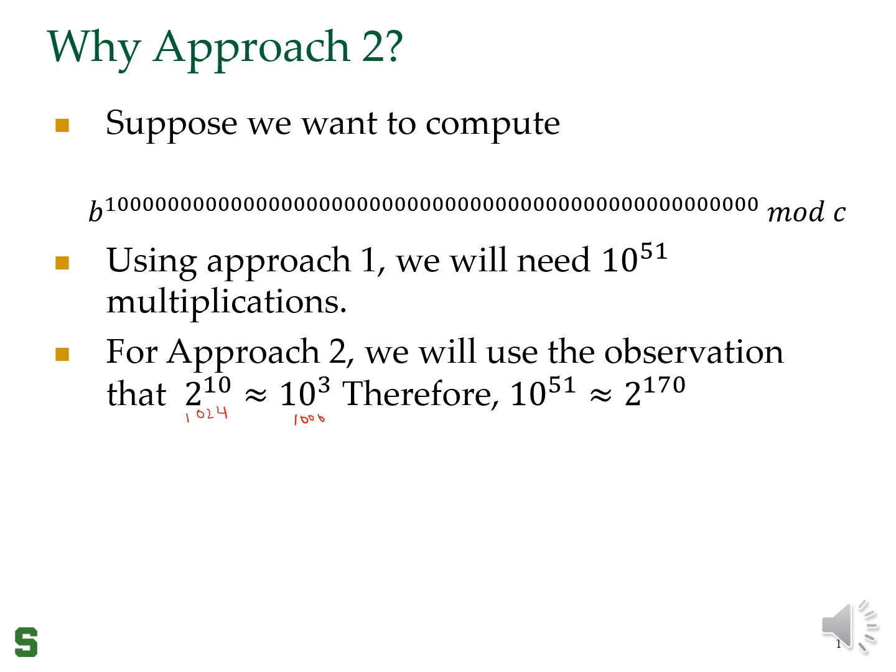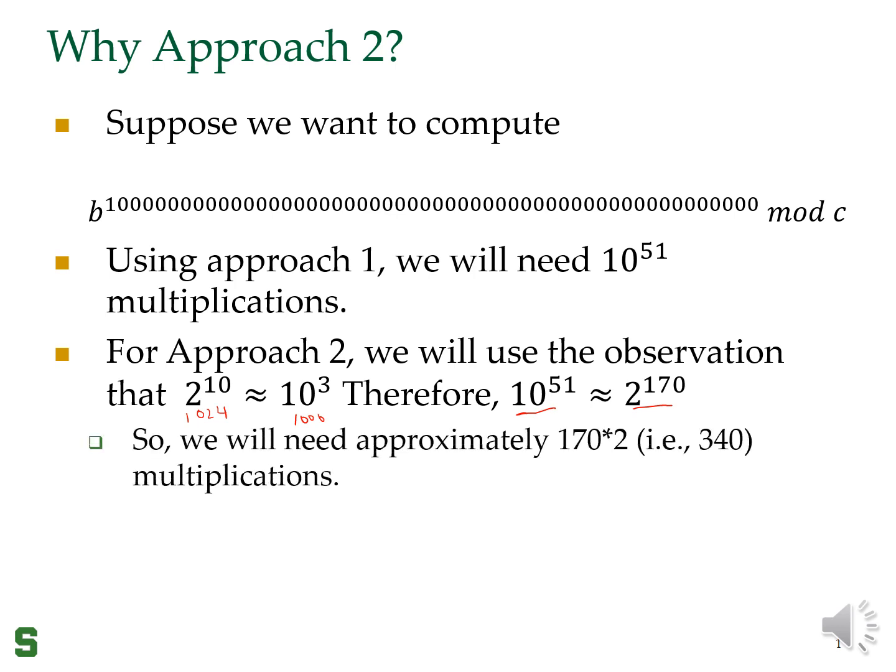So I can make the observation that 10 to the power 51 is roughly 2 to the power 170. So that means we will need about 170 times 2 multiplications, that is 340 multiplications. So that's quite a bit, but it's something that we can do fairly easily with a computer.